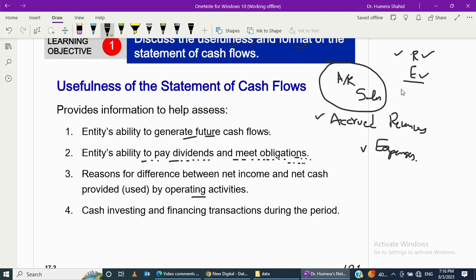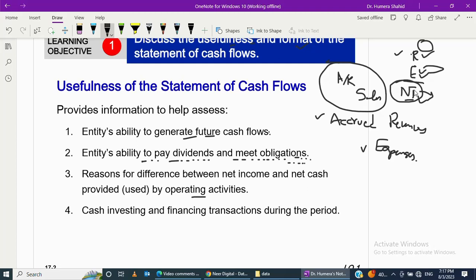But when you calculate the net income at the end of the income statement, you cannot say this is our cash profit or this is the income in form of cash which we have generated, because for most of the revenues you have not collected the cash yet. For some of the expenses you have not paid the cash yet. So how can you say that the net income is a cash net income, right?